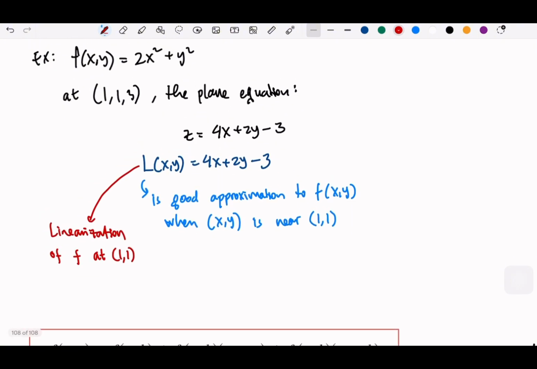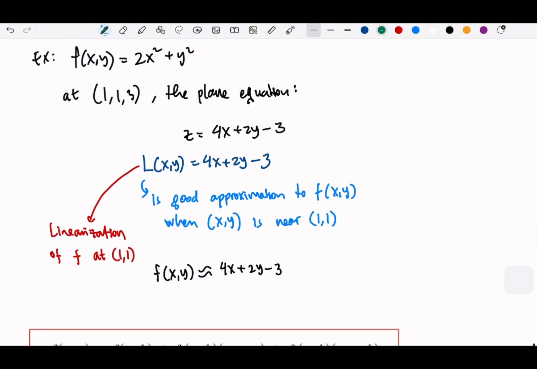And we can say the approximation to f(x,y) is approximately 4x. Literally, they are the same thing, but slightly different definitions.